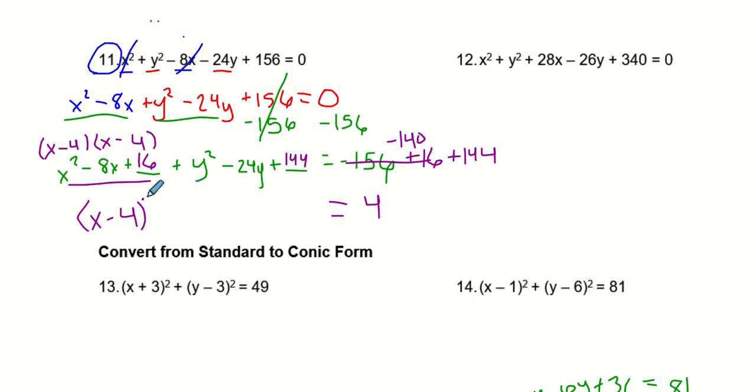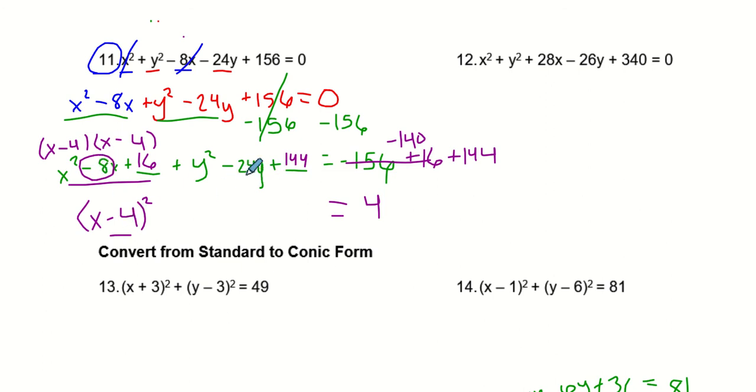You may be asking where I got that from. Where this number negative 4 comes from is it's half of this. Once you've completed the square, you just write in parentheses x, some number here, and then all that squared. What goes here is just whatever half of that number is. So half of negative 8 is negative 4, so that goes there.